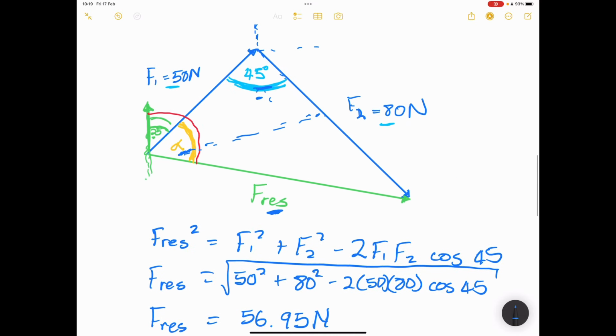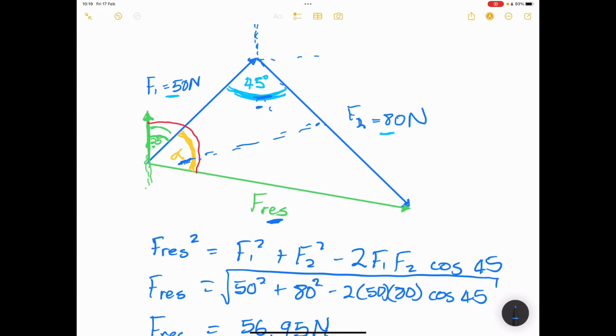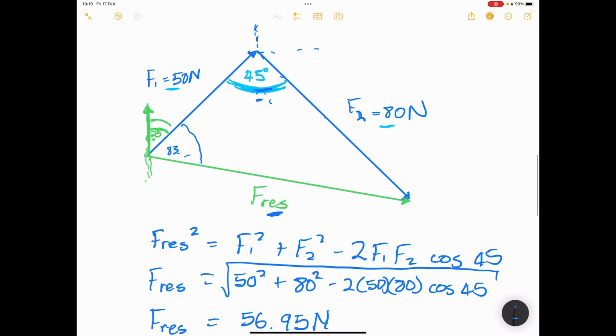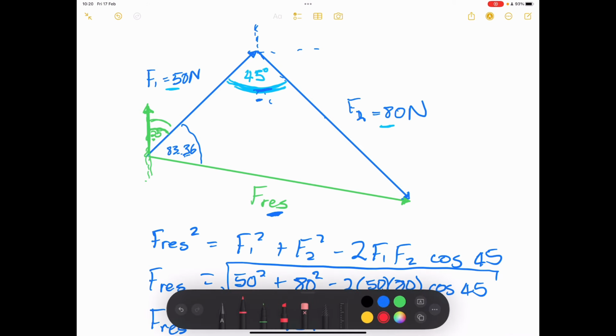But now let's put it in context. This angle inside the triangle is 83.36. But remember, we have to express that in terms of bearing. Remember, it's from our north line going clockwise.